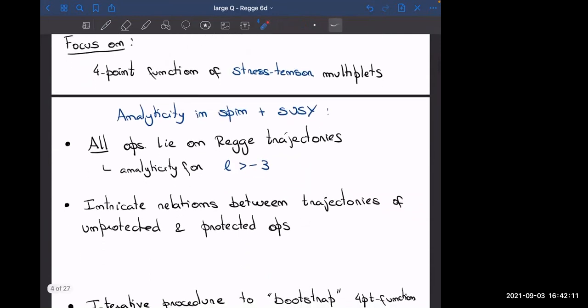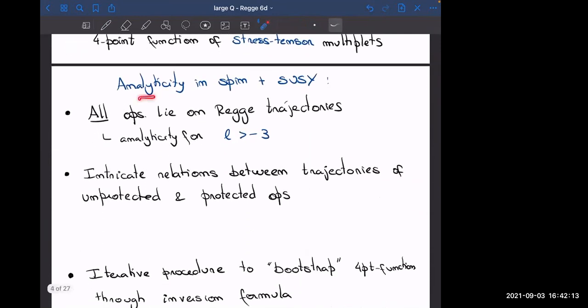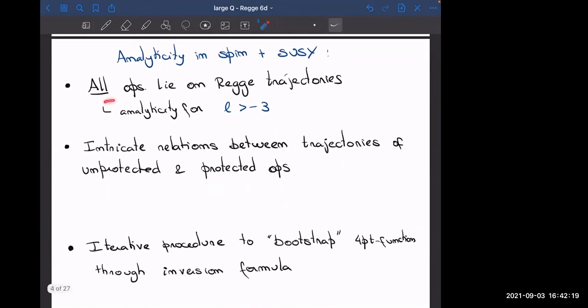And then combining analyticity in spin in the sense that I just sketched and supersymmetry, we get that all operators that appear in this correlator must lie on Regge trajectories starting at spin -3.